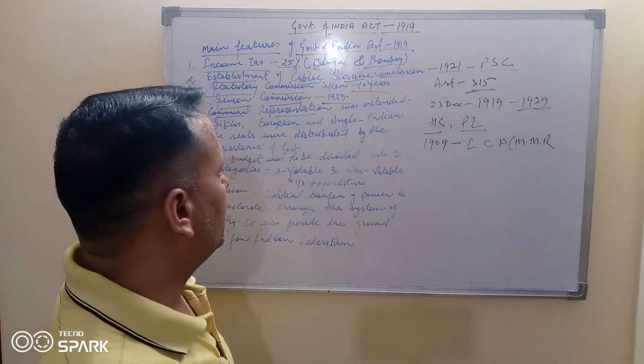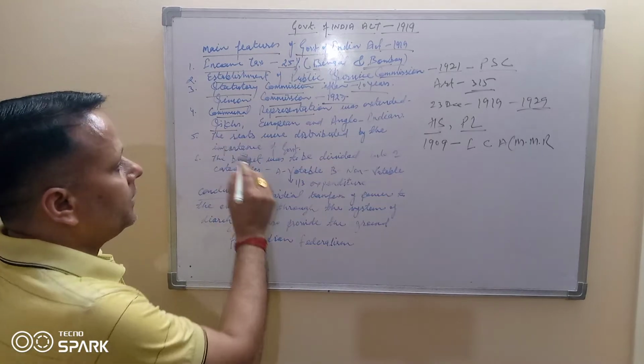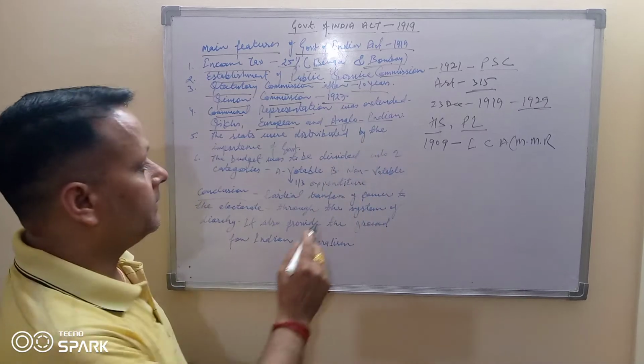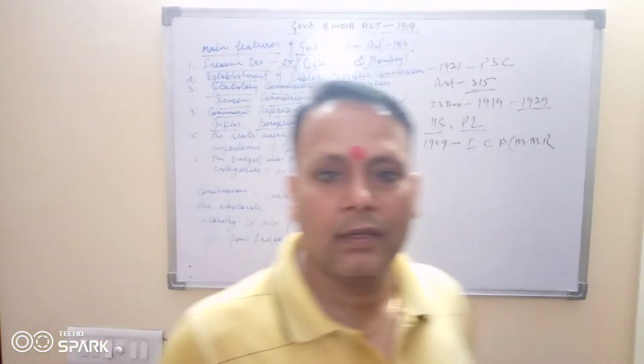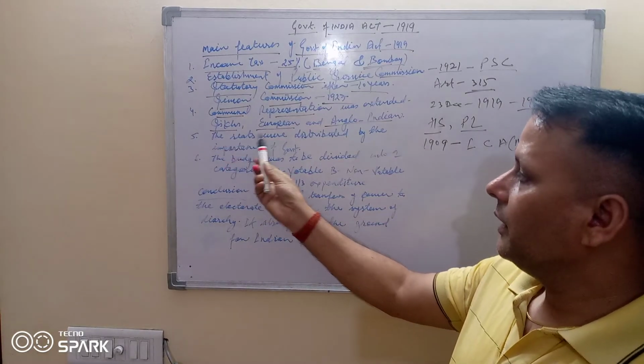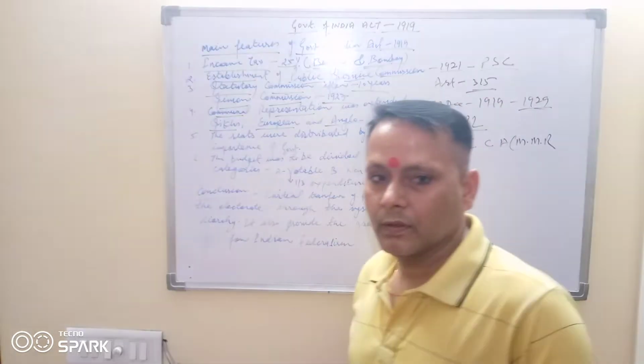this was extended for the Sikh community, European and Anglo-Indian. Three colleges had been provided: Sikh community, European community and Anglo-Indian community.